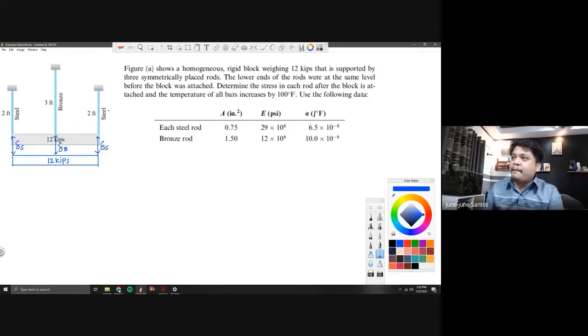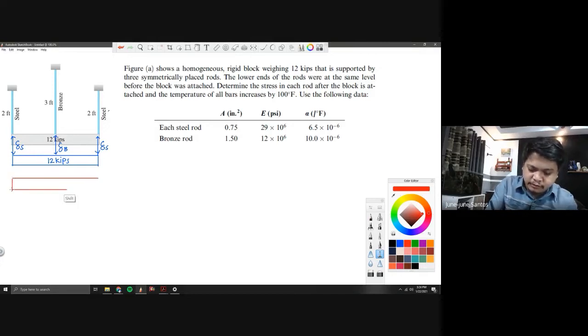Kapag increase, so ibig sabihin, mag-expand siya, no? Kapag yung bar mo ay nag-increase by 100 degrees Fahrenheit, it will further lower the end. Okay? So, bababa pa yun. Assuming, eto na yung final position, yung final level natin. So, nandito na yung ating 12 kips.